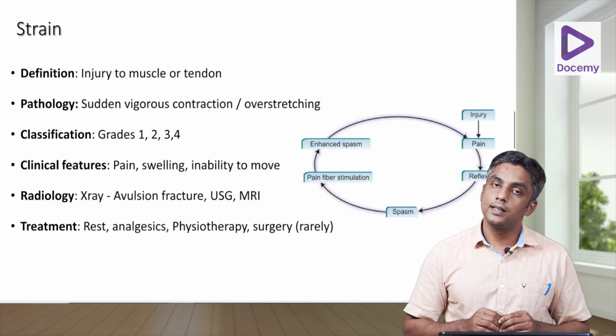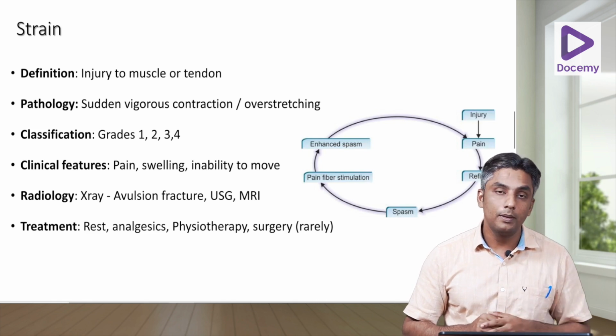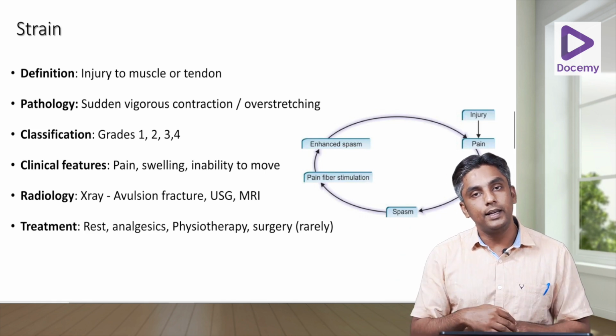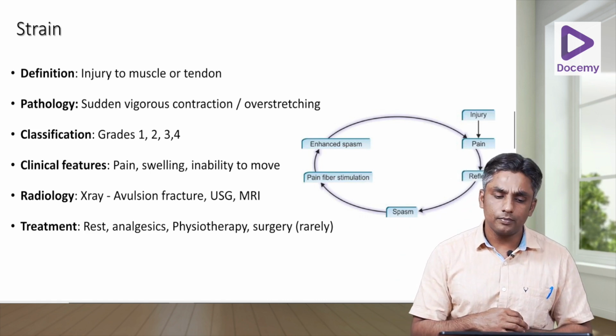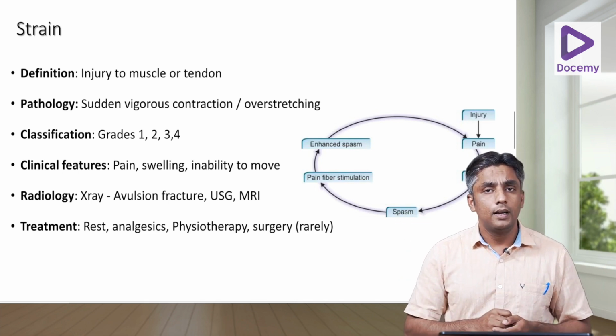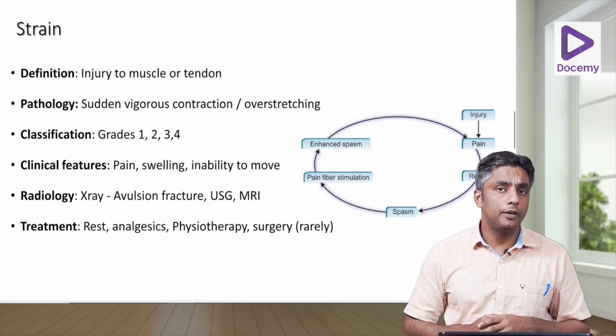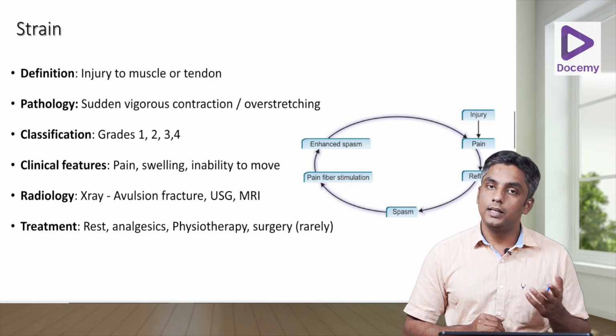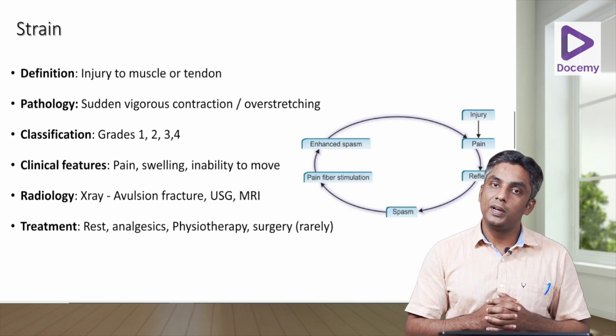Clinical features: pain and swelling will be there, but sometimes there will be inability to move in a higher grade muscle strain. Radiologically, if it's an avulsion, a bone fragment can be made out in the x-rays, but otherwise USG or MRI has to be done to elaborate the soft tissue details.